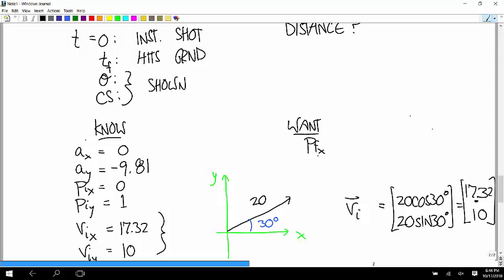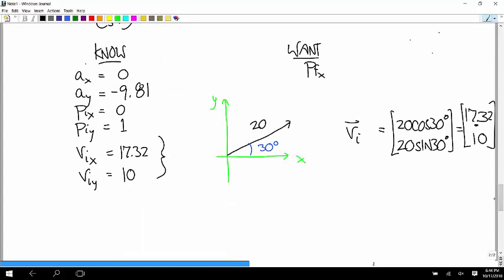The horizontal components are totally unaffected by gravity. So VFX is still going to be 17.32. That's always going to be the case in free fall problems if your y-axis is up. Okay, so is there an equation that works with this? No.